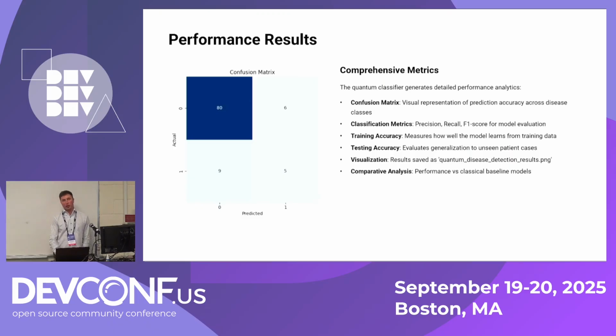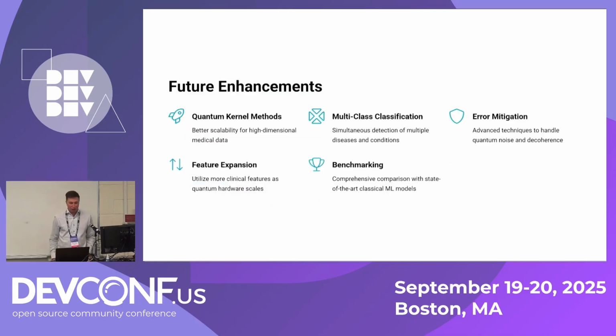But the point of this is really not to say that this is the perfect algorithm, because it's not. This is just a demonstration of how you could take a real problem and map it into a quantum system and do it today. Future enhancements are applying more advanced modeling techniques and doing multi-class classification.